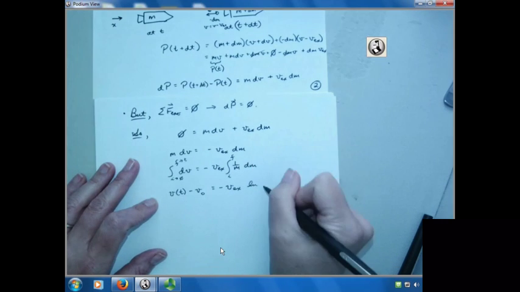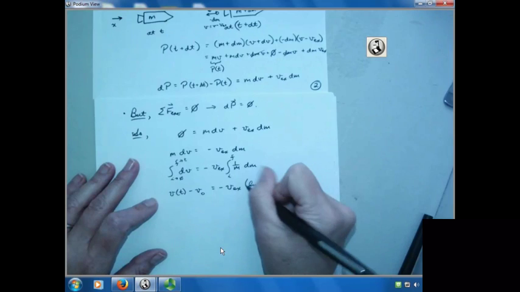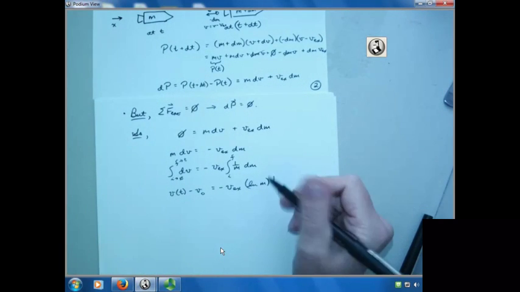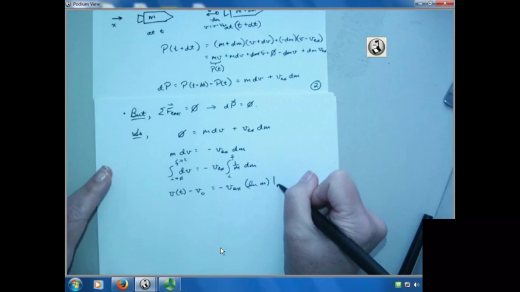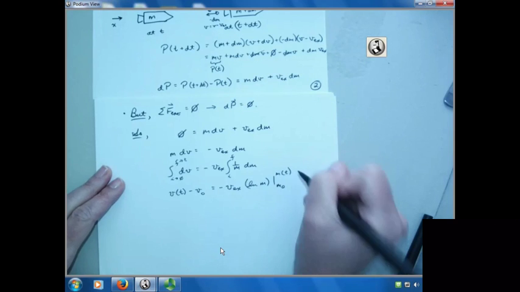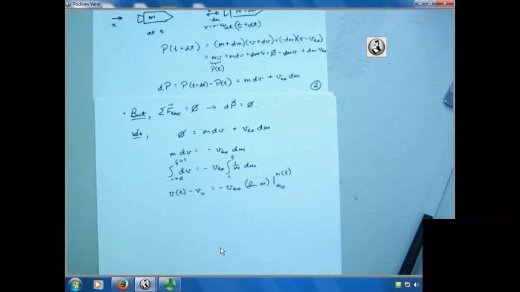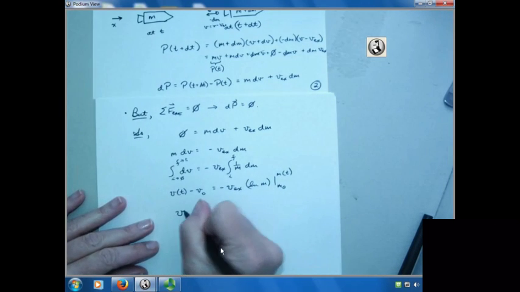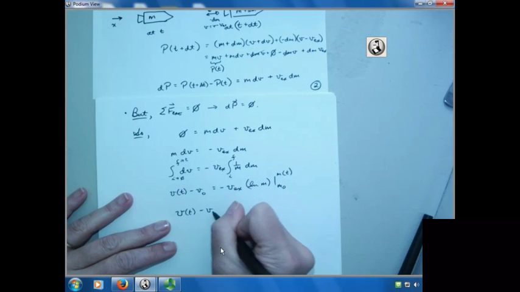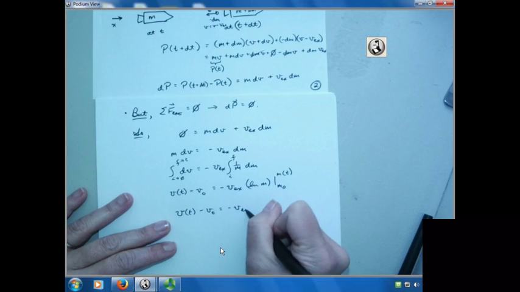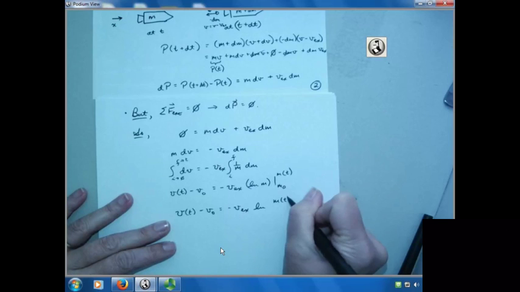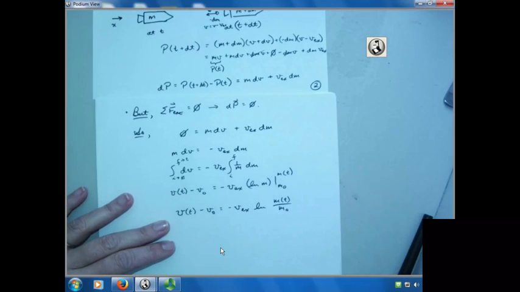That's right, natural log of m, that I have to evaluate from its initial value, which I'll let occur at t equals 0, so I'll call that m naught, to the final value that I'll let occur at time t. So I've got v as a function of time minus v naught is equal to minus v exhaust, natural log of m as a function of time over m naught.